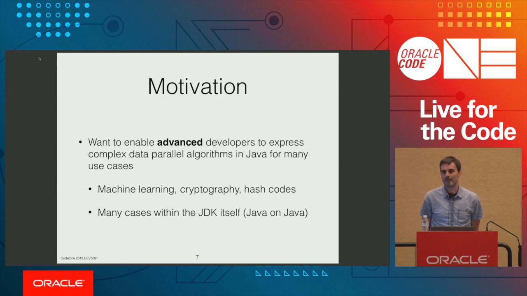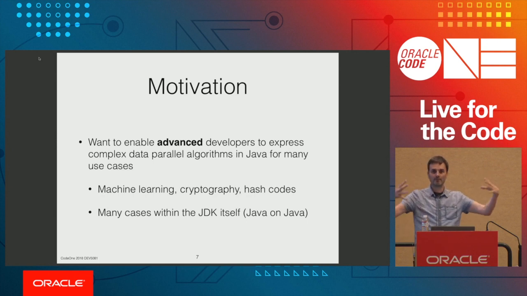This is really for advanced developers. It's not for everyday developers, this API. It's for developers that know what they're doing. It's for developers in the JDK itself, and those developers who write popular libraries that many other developers use. So one way we win here is we get the advanced developers using this API, and then they produce libraries that others use, and we get the network effect coming in.